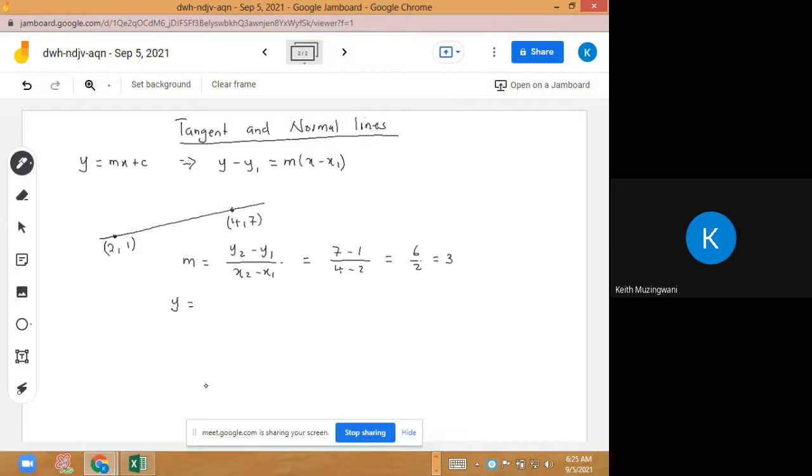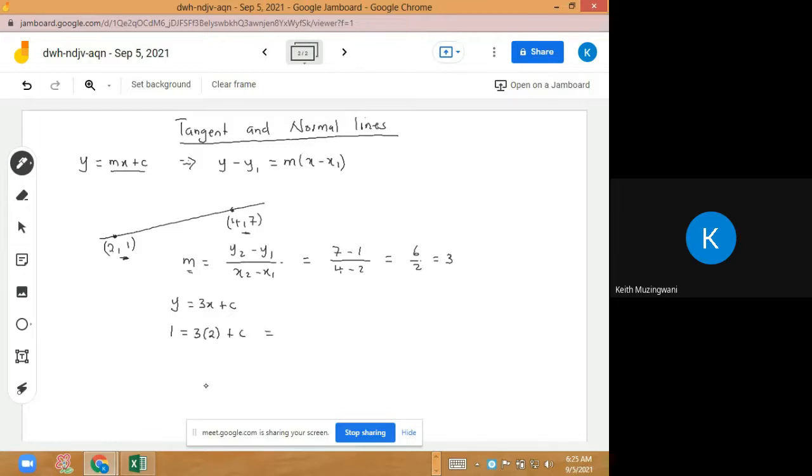If you go to this one, you will say 3x plus c, because you have found the m. Now, how do you then find the c? You pick either this point or that point. If you pick this point, the value of y is 1, the value of x is 2, and then plus c.